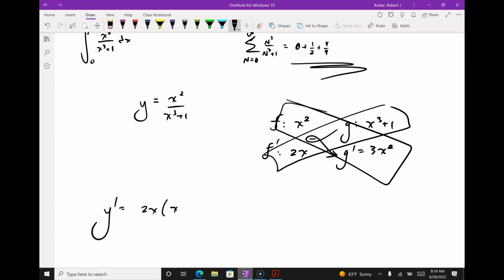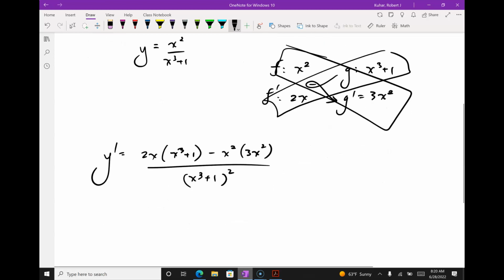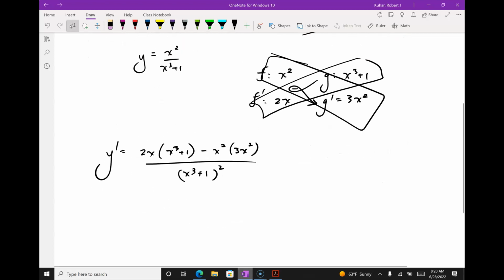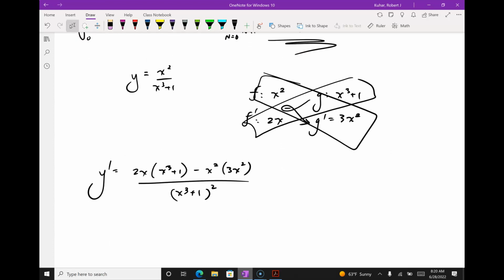So 2x times x cubed plus 1 minus x squared times 3x squared, all over the original function, the downstairs squared, right? I try to factor if I can, but in this case it just looks like a mess here.